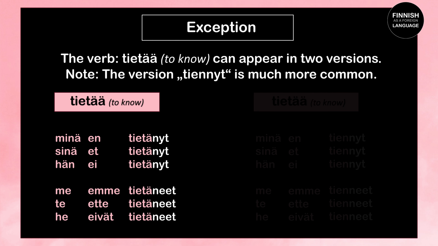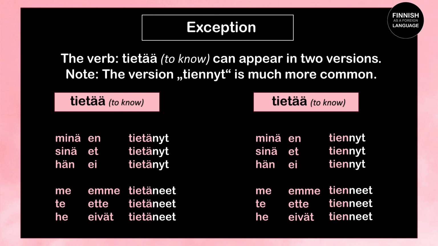You didn't know. Hän ei tietänyt. He or she didn't know. The plural forms. Me emme tietäneet. We didn't know. Te ette tietäneet. You didn't know and he eivät tietäneet. They didn't know.